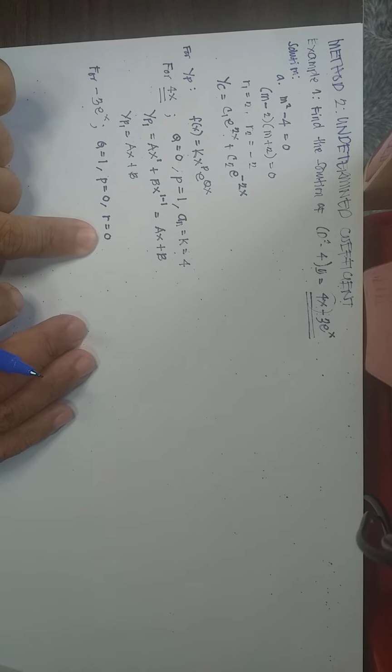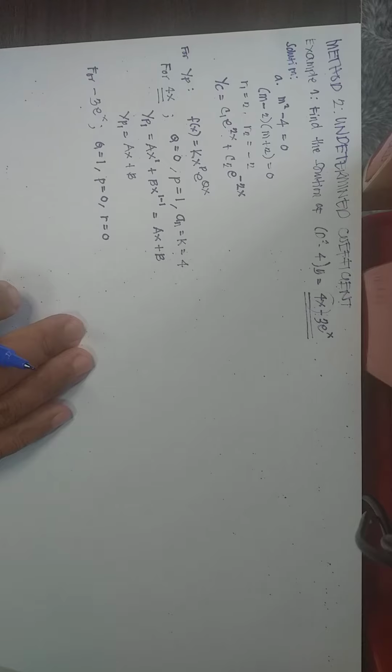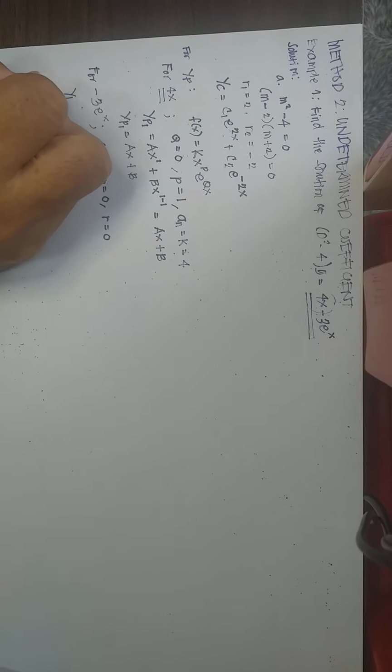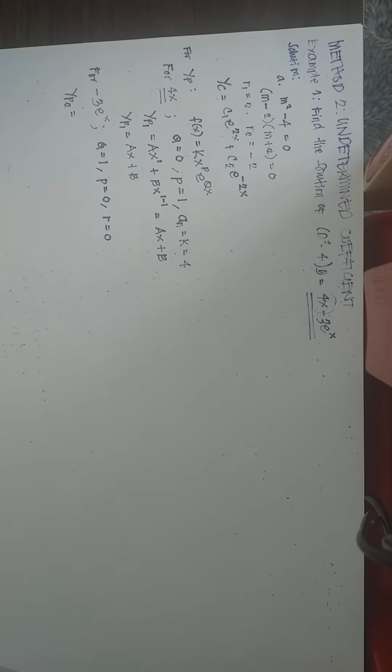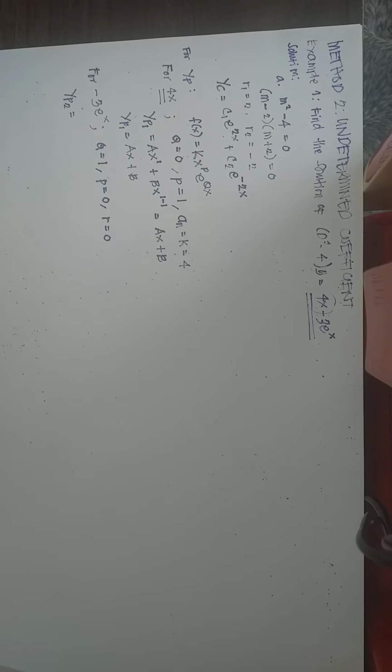Nakalagay yan sa rule. Basahin nyo na lamang na maigi. Okay? Therefore, yp sub 2 is equal to, rule number 1, letter C, for q not equal to 0. Yung q kasi natin 1.